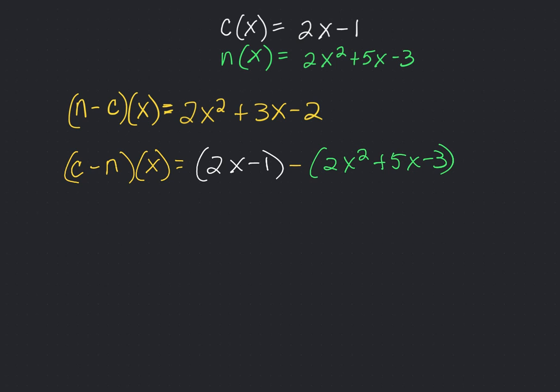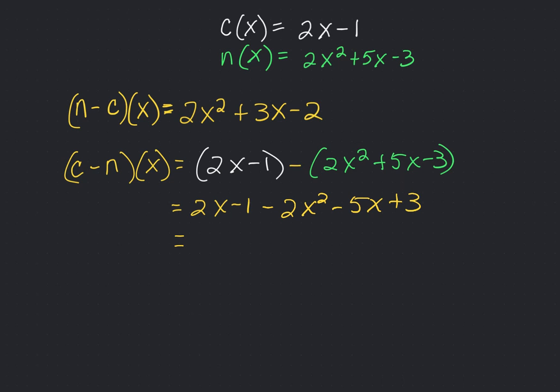Once again, my first function, I can just rewrite without the parentheses. But I will have to distribute this negative to each of the terms in the trinomial. And that's going to give me a negative 2x squared minus 5x plus 3.